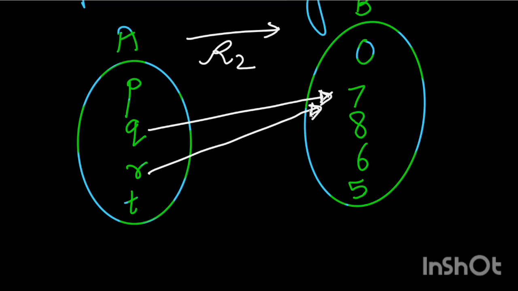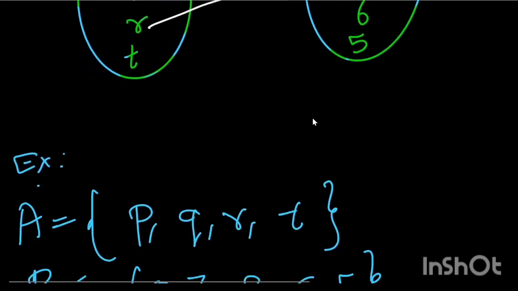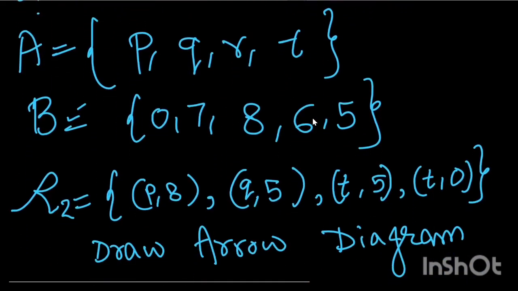That's why it's an arrow diagram representation, guys. Like A and B are given, A is PQRT, B is 07865.